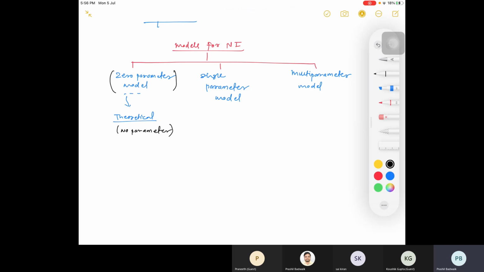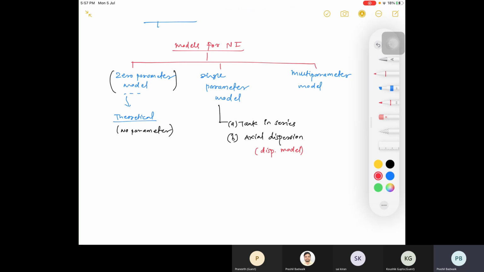In case of the single parameter model, you have two models. First, write the tanks-in-series model, and second is the axial dispersion model, which can also be written as the dispersion model.